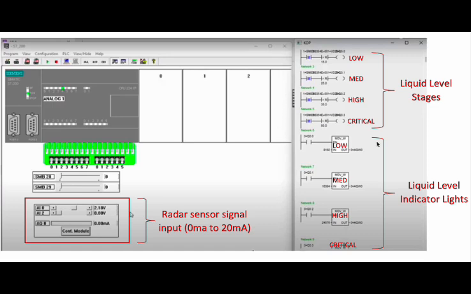And then on this side are the liquid level stages. We have the low, the medium, the high, and the critical, which will be directly sending out signal to this liquid level indicator lights, respectively low, medium, high, and critical.